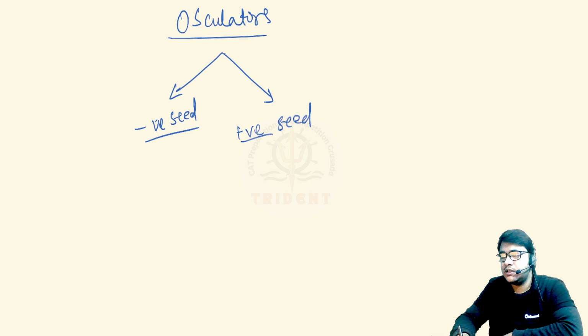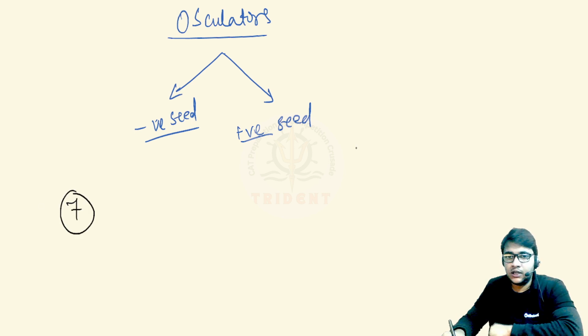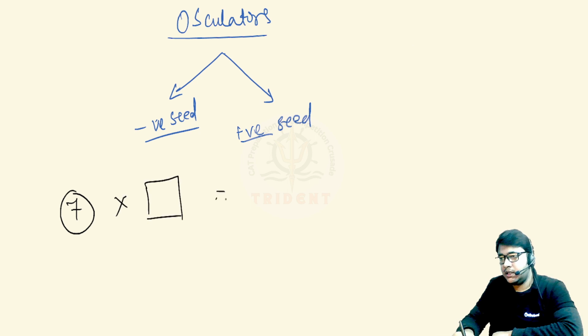The idea or the theory basically says that any number, let's take 7 again as the number that we will use to calculate the osculators for, needs to be multiplied with a number such that ultimately I reach 10, 20, 30, 40, 50.